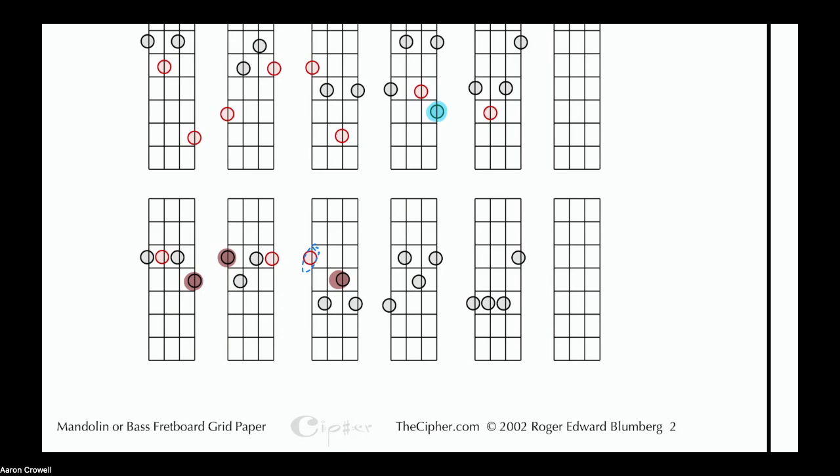The only root I have here is this guy, right? So you remember what we did? We had that optional note, right? So if I throw that here, okay, that gives me my optional note there.